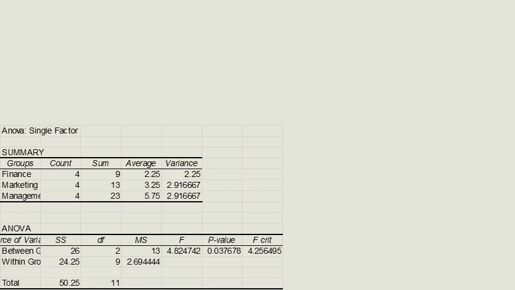Let's look at the computer outputs, beginning with the one-way ANOVA table. Take note of the 3 sample averages, and then the p-value is significant at the 5% level, so we can conclude that the mean values for the 3 types of job are not all the same.